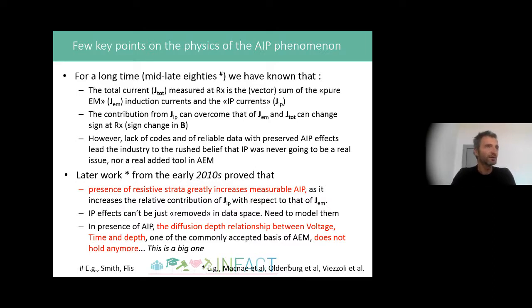They realized back then that when you have something chargeable in the ground, you have a superposition of effect in the receiver of the standard eddy current and the IP current. How much of that you see depends on the balance between the two.